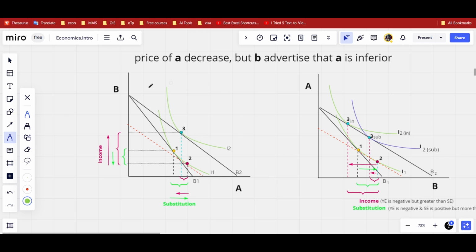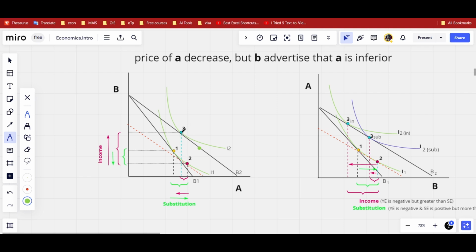So you could draw two of this graph explaining what is happening. In one case, the point will have to be somewhere down here, if you want to show both of them moving in the same direction. In this case, because originally the substitution effect was larger, and then the income effect moves in the opposite direction, the point has to be behind 2.